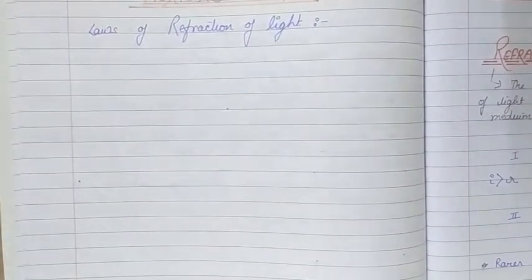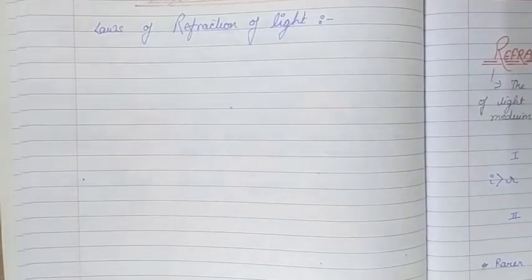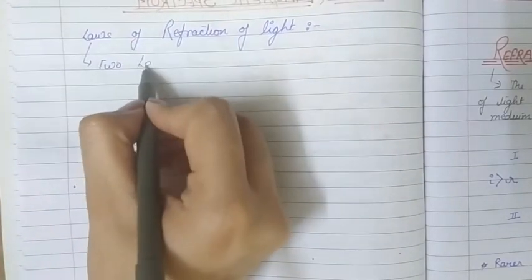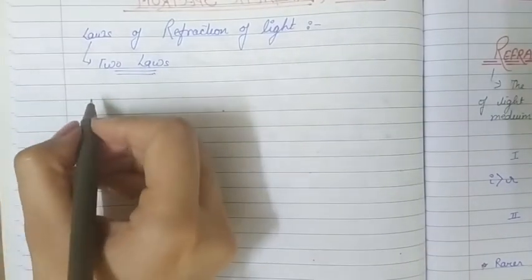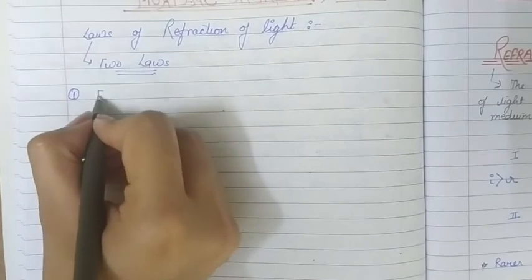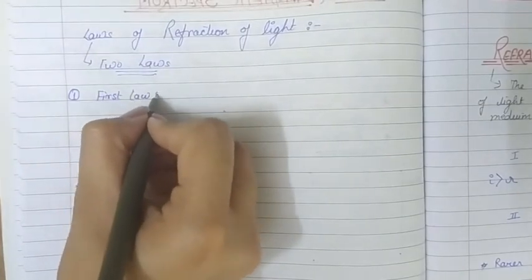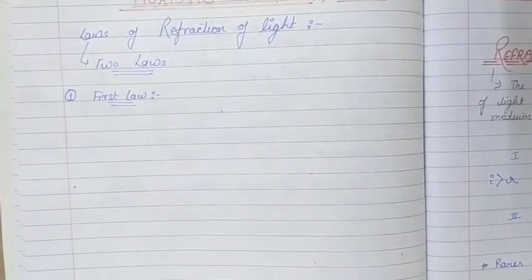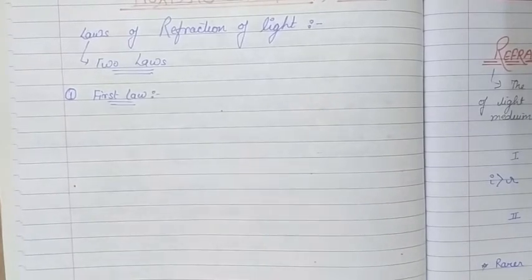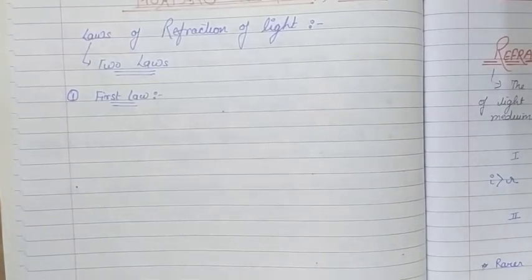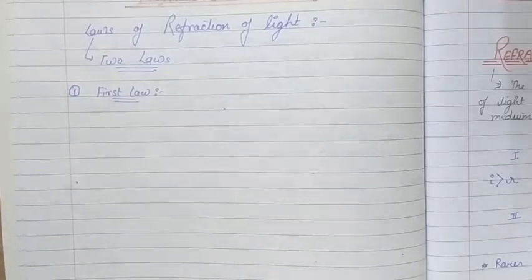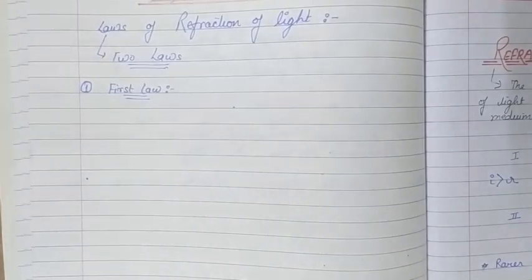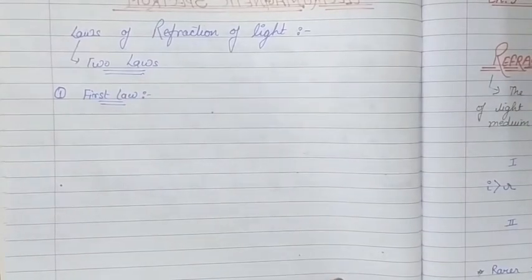The phenomenon of refraction of light that we are studying obeys two laws. There are two laws of refraction. Let's start with the first one. This law states that the incident ray, the refracted ray and the normal to the interface, as we have seen in the diagram, there are three lines. First is the incident ray, second is the refracted ray and the normal to the interface, and all these three lines at the point of incidence all lie in the same plane.